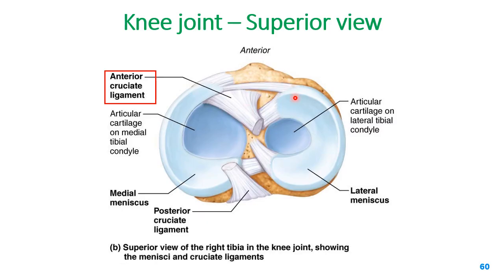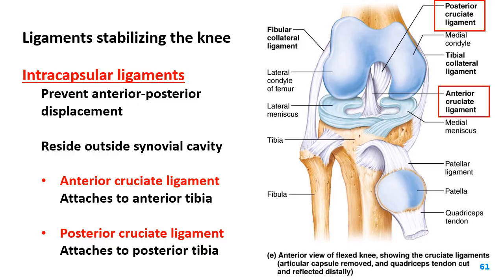Besides that, you're going to have the meniscus, a fibrous tissue that helps with cushioning of the joint. And here is where we really emphasize your ligaments.